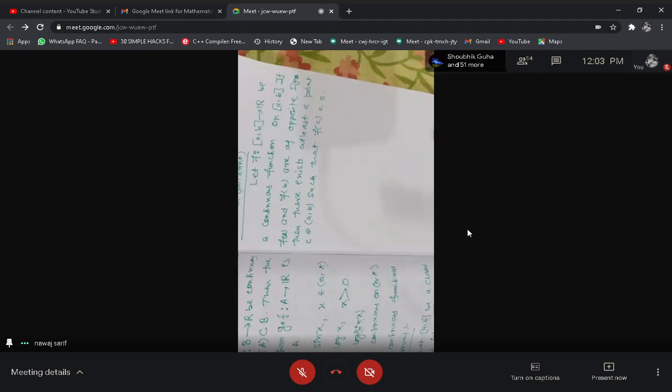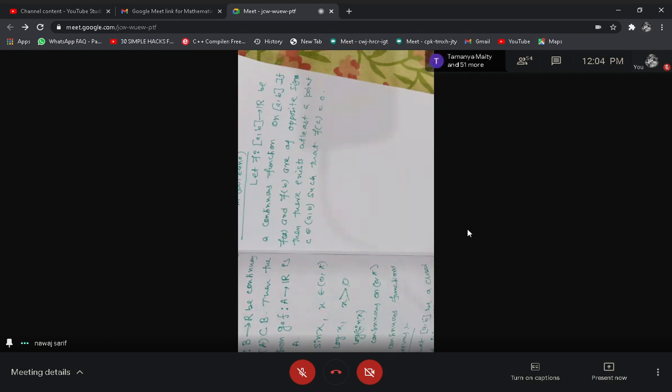So, for example, take sin x on the range 0 to pi, a closed interval. Then f(0) equals 0 and f(pi) is also 0.